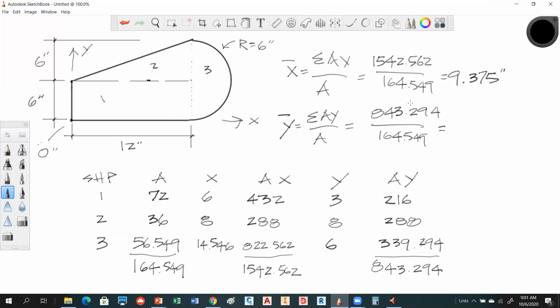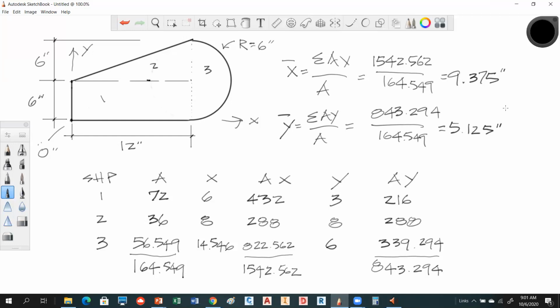Again, inches cubed, inches squared, and we're going to wind up with inches. I come up with 5.125. And there's your answers.